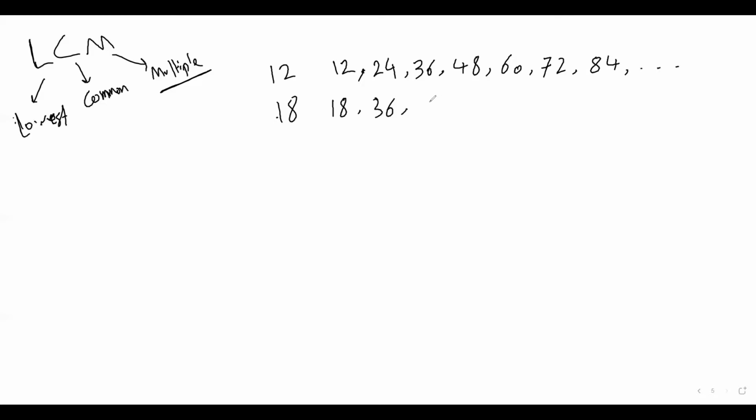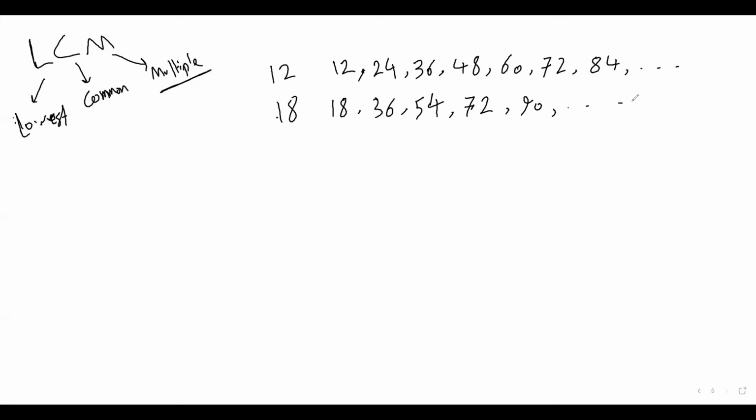And if you do that, the next one would be 54, and the one after that is 72, and the one after that would be 90. Am I right? And it keeps going.